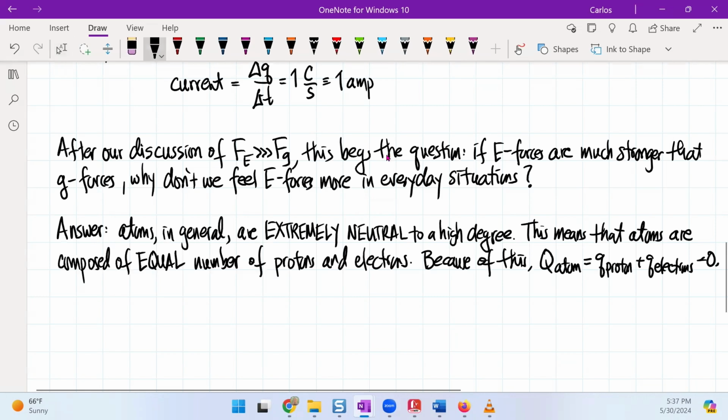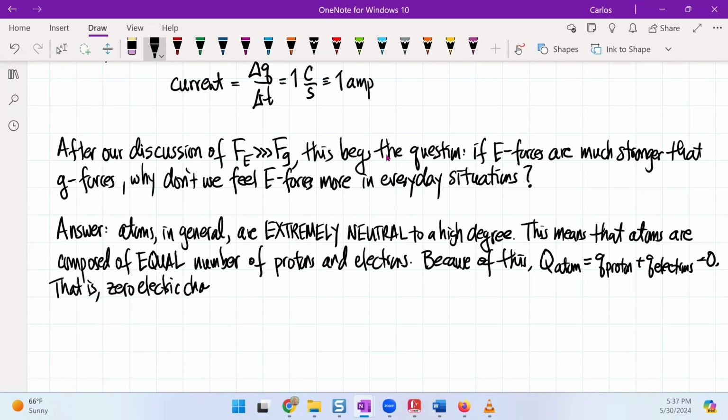In other words, zero electric charge implies zero electric force. That's no surprise. So in general, most atoms are neutral to a high degree.